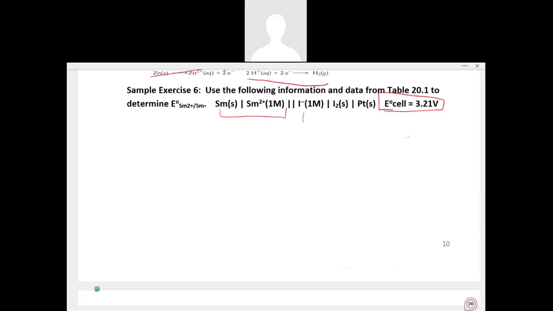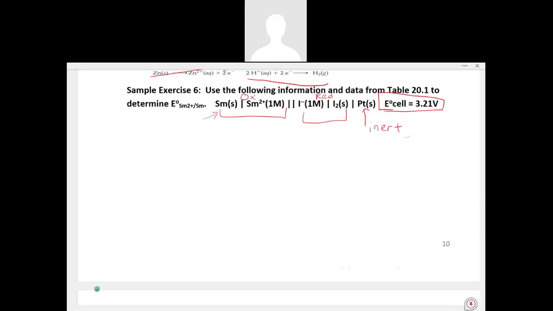We're going to have our cathode reaction over here. We have solid samarium as our electrode at the anode, right? This is our oxidation reaction. This will be our reduction. We have platinum here because the solid iodine is unable to establish that electrostatic potential. So we need an inert electrode over here.